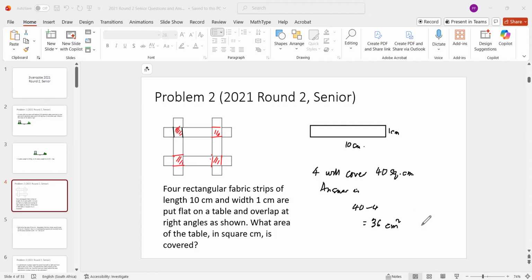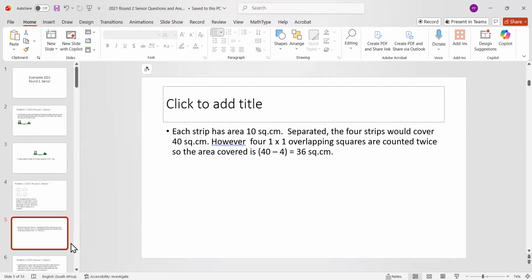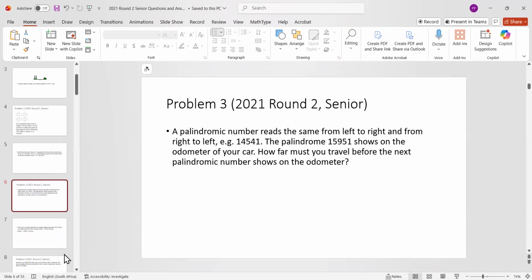Okay. Let's get on to the next problem. So we can just check to see what we had here. You can see 36 is the answer at the end of that. Let's go on to problem 3.